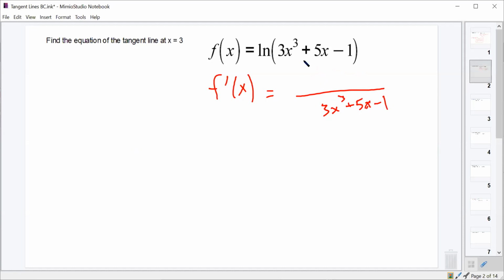And then times the derivative of u. So that'd be 9x squared plus 5. And if we evaluate that at x equals 3, what do we end up with? Looks like that's 86 over 95. Did I do that right?